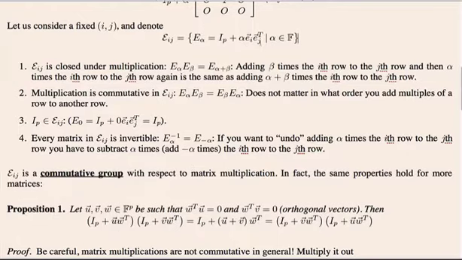Instead of these special basis vectors Ei, Ej, we could have more general U, V, and W vectors, such that, for example, W transpose U is 0 and W transpose V is 0, which means that they are orthogonal vectors.